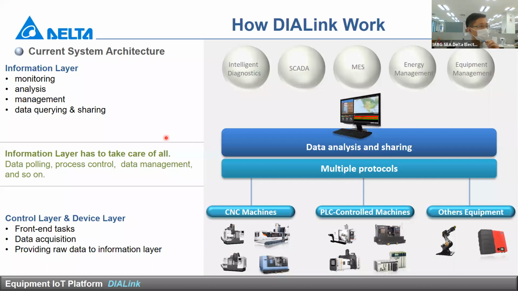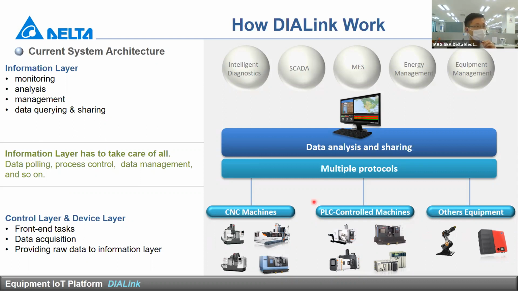So here is the picture to let you know how the DIALink works. You can see from the device layer at the bottom, there are different machines, maybe CNC machines, machine tools, CNC controllers, or others like robots and PC-based control things.